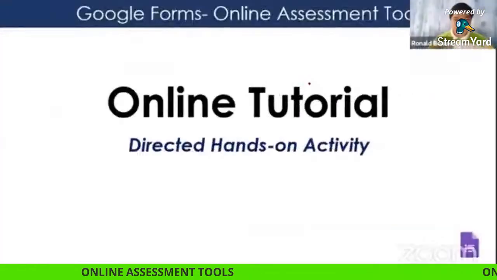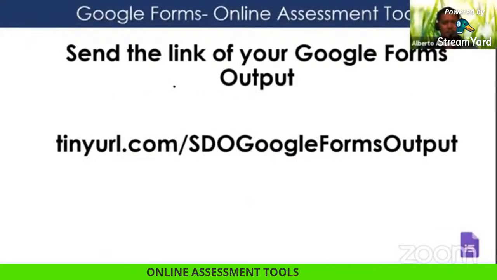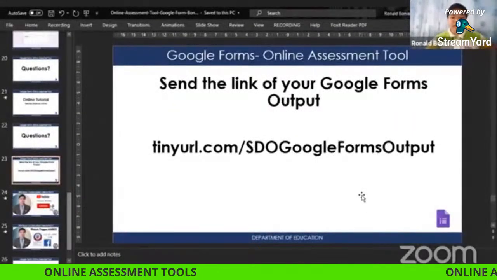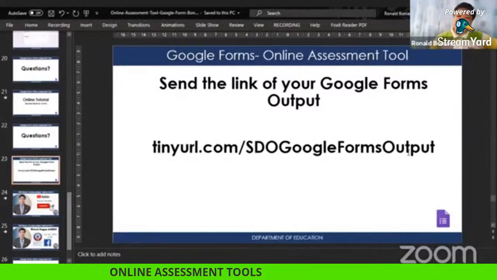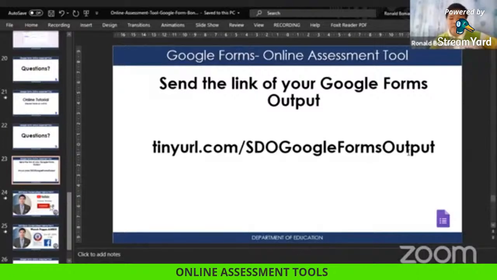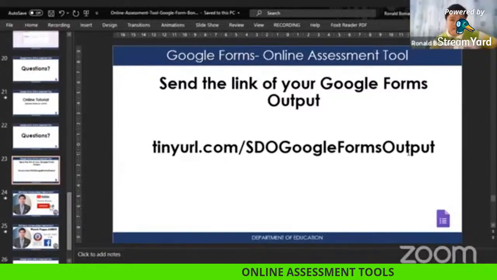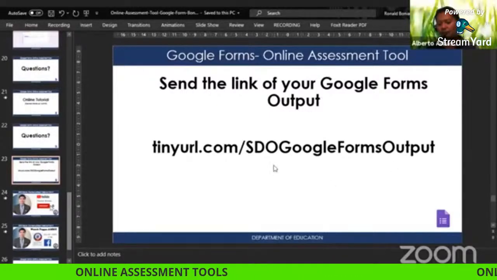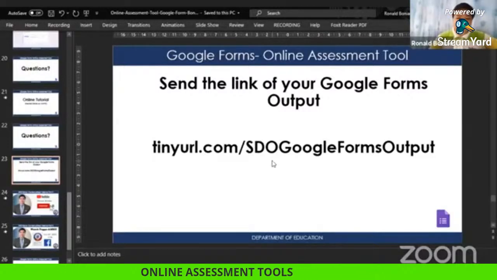I would like to inform everyone to please do not forget to send the link of your output to this link. Our second objective is to create an online quiz, just a sample of the online quiz using all the types of questions, then send the link to this URL: tinyurl.com/SDO Google Forms output.